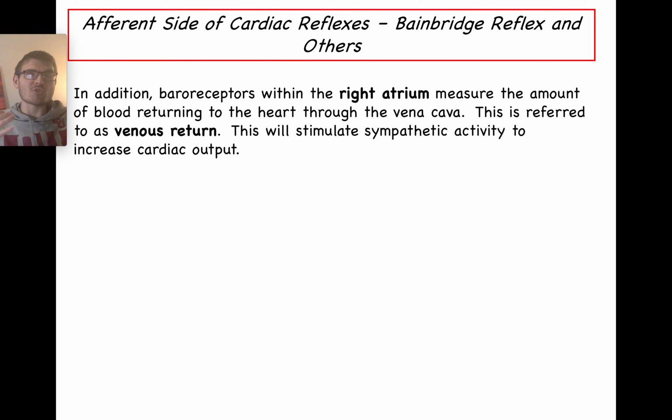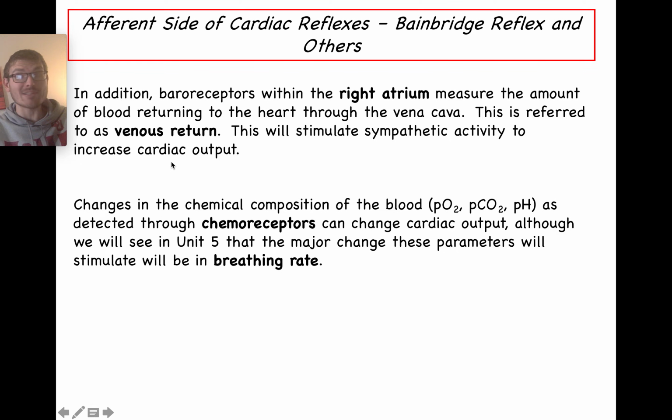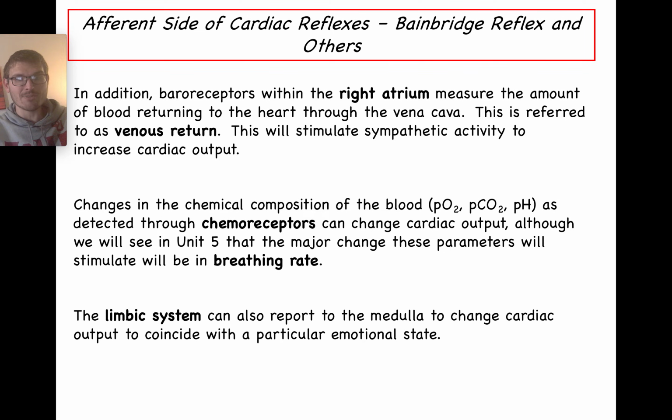The amount of venous return can fluctuate somewhat, and it is worth our time to measure that to keep track of how much blood is being returned in a given time frame. So, in cases in which venous return changes, or if blood is not getting back to the right atrium in a good way, this will stimulate sympathetic activity to increase cardiac output, and that is sometimes called the Bainbridge reflex.